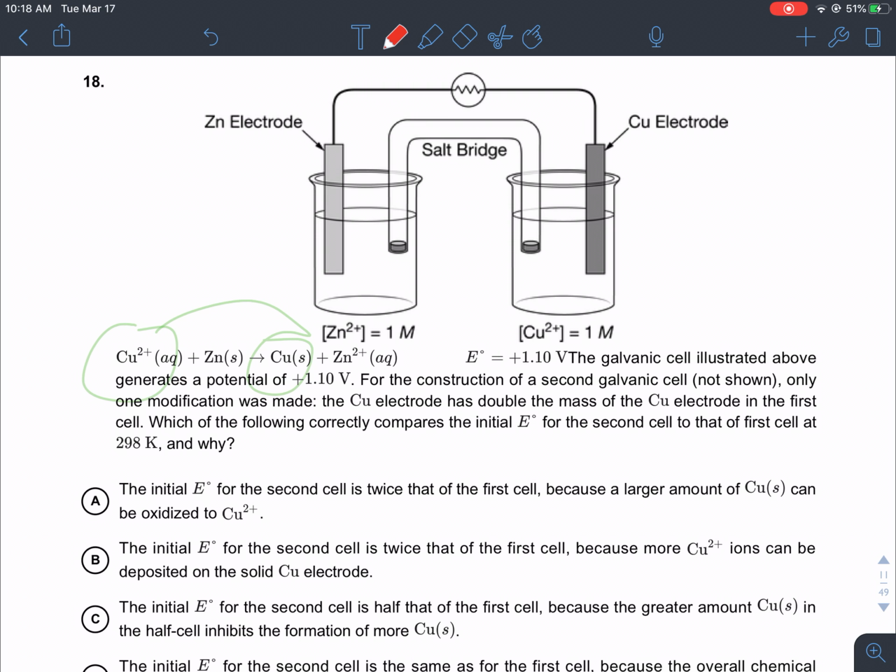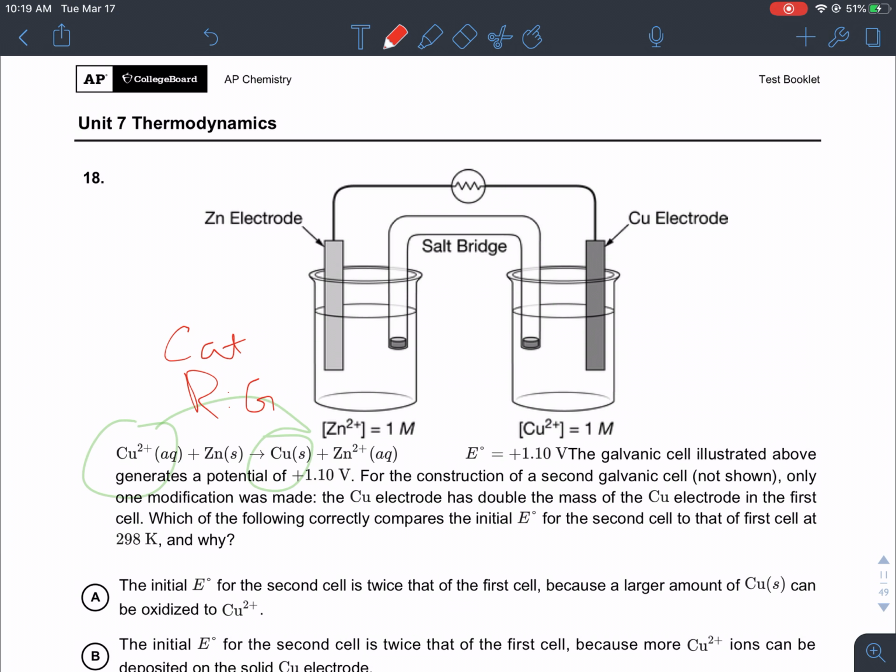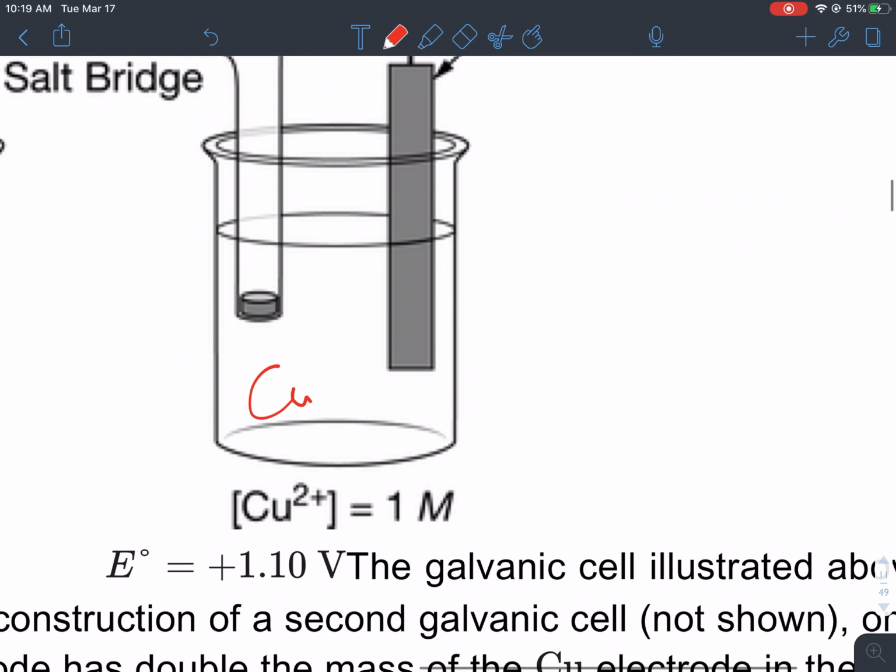The Cu2+ is becoming neutral, so it is the cathode, gaining electrons. As electrons go this way, the Cu2+ in this solution starts to become more Cu.